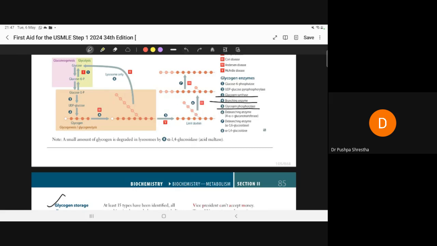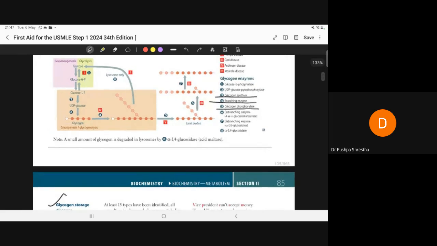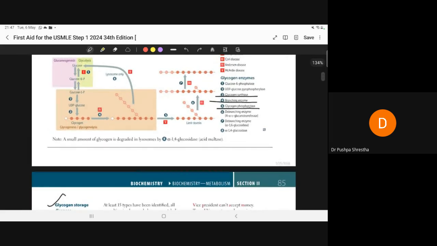Okay, and after this, then the last molecule is left again. Why is it like this? I don't know, but it's like this. Okay, so all the molecules on the branching point were removed by glycogen phosphorylase until the last four. Then the debranching enzyme removed the other components of your glucose until you are left with the last one.